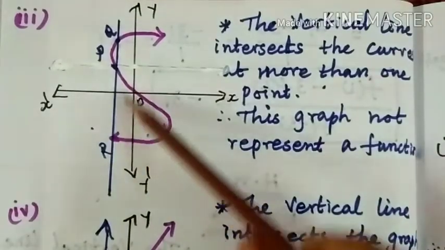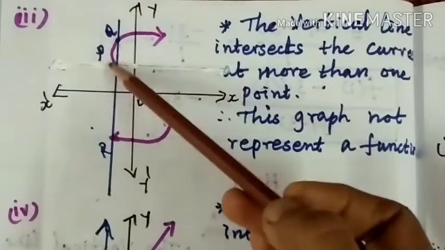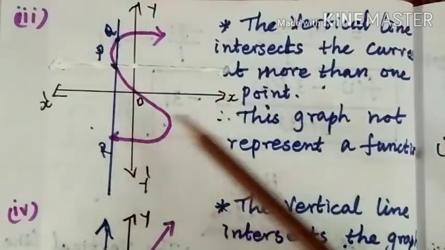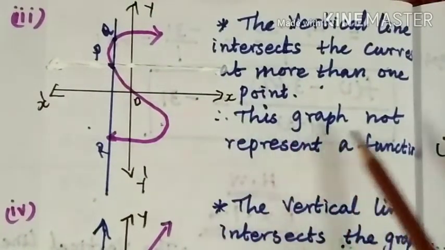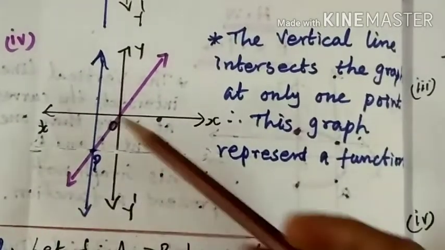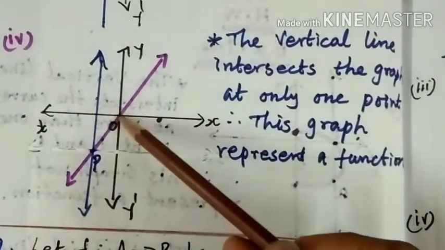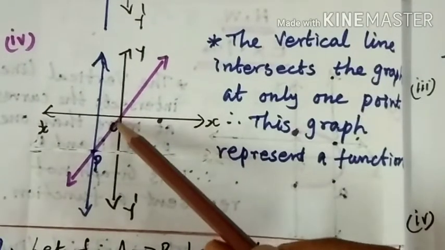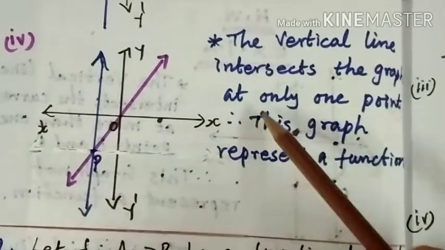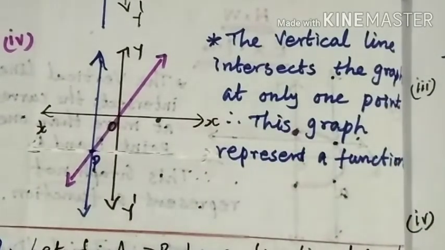In this graph, the vertical line intersects at 3 points P, Q, R. Therefore, this graph does not represent a function. Then last subdivision. In this graph, the vertical line intersects at only 1 point. Therefore, this graph represents a function.